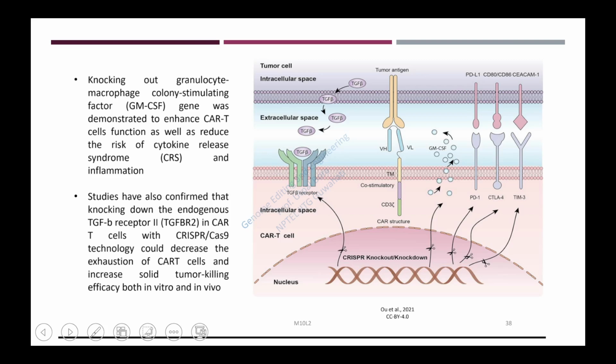It is similar with CRISPR knockout or knockdown, and there is one more modification that can be done, to enhance the cytokine production. For cytokine production enhancement also, certain modifications can be done using this particular CRISPR-Cas9 machinery.